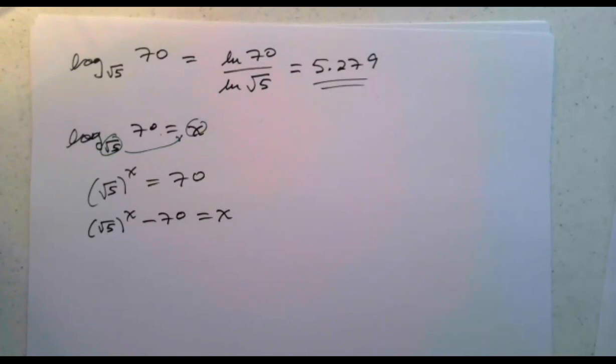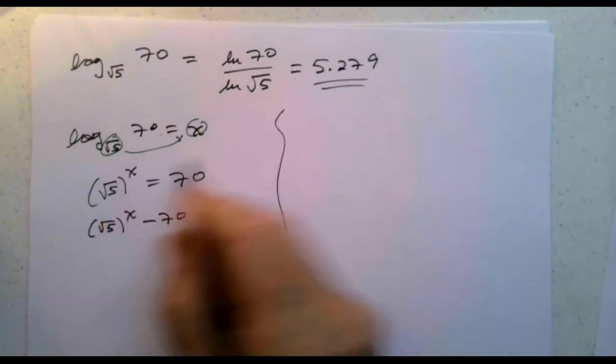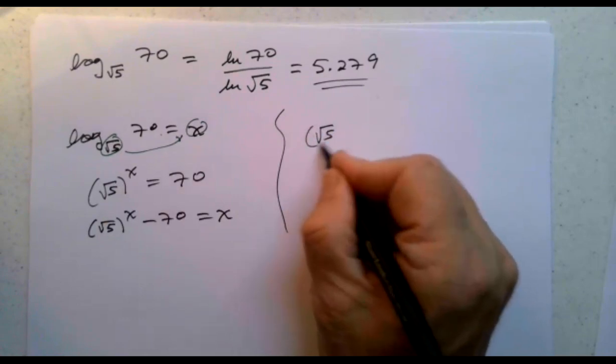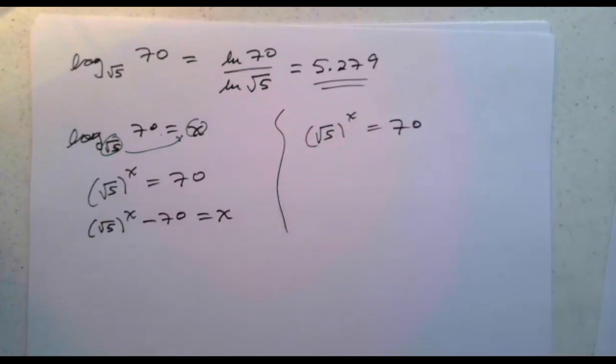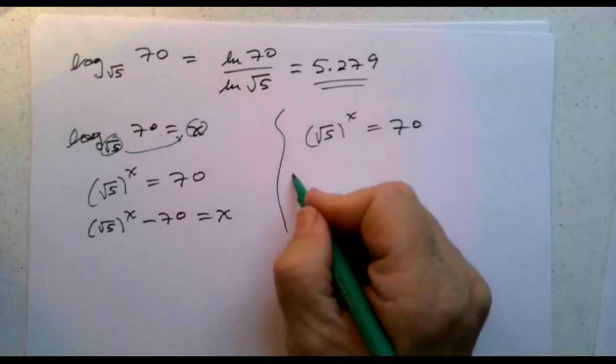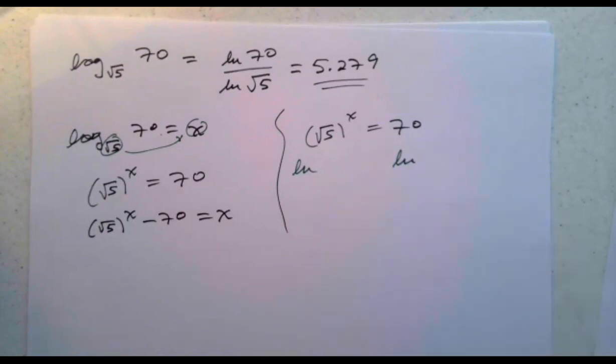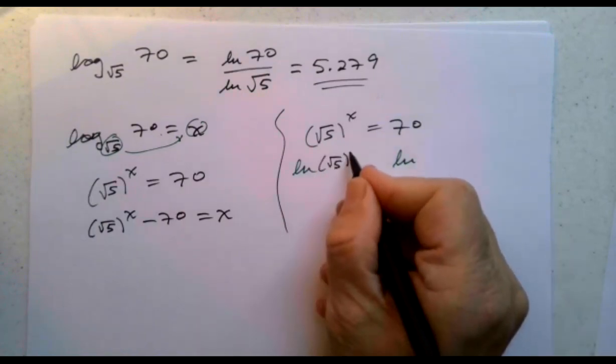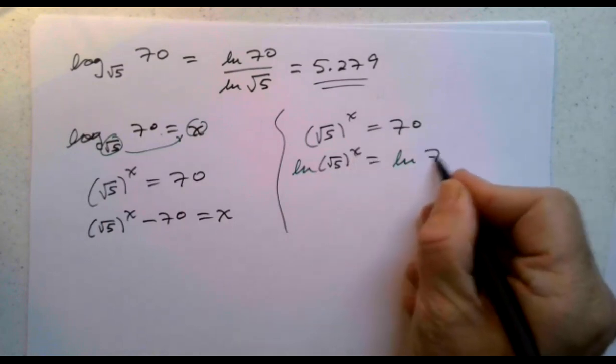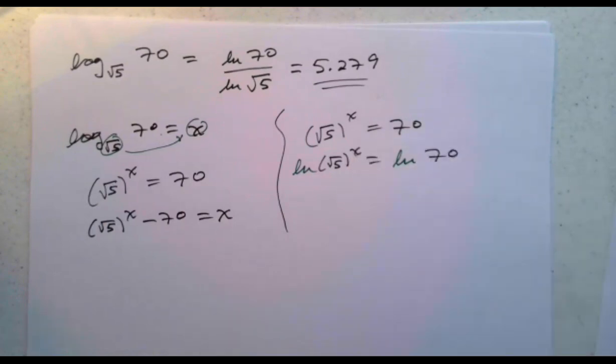Of course, the other way to do this is to look at root 5 to the x equals 70. Hit both sides with a log. It could be log base 10 if you want, because that's also on your calculator. But I will use natural log, so it'll be consistent with what I had before. Root 5 to the x equals natural log 70. We're going to pull the x down.